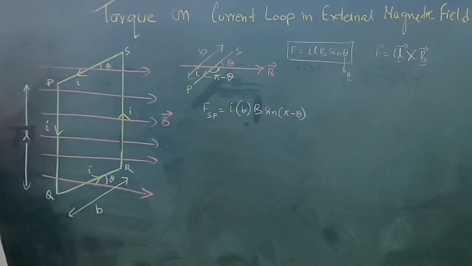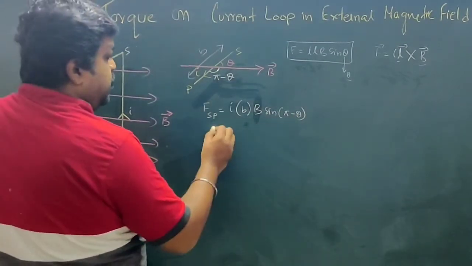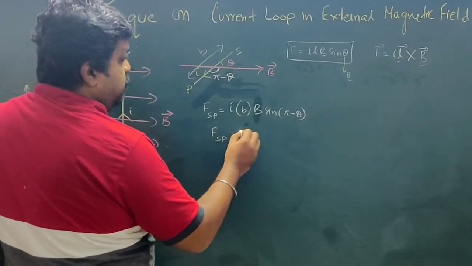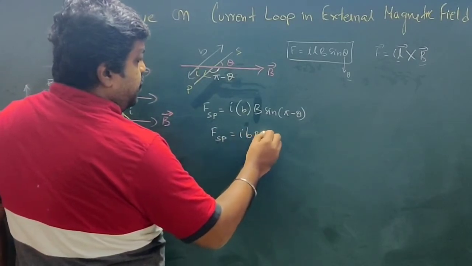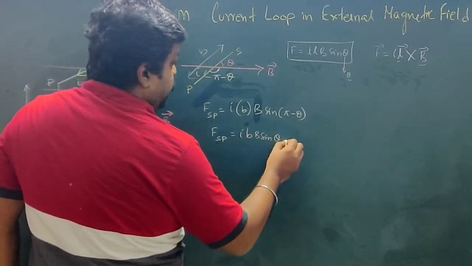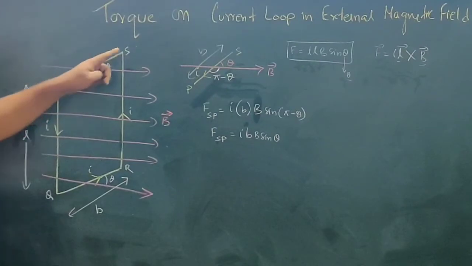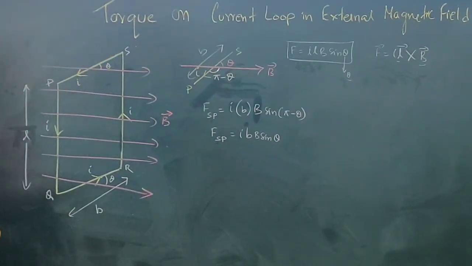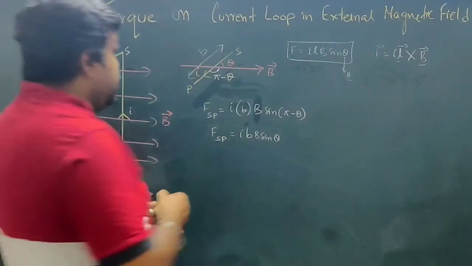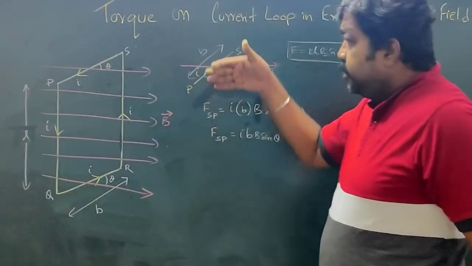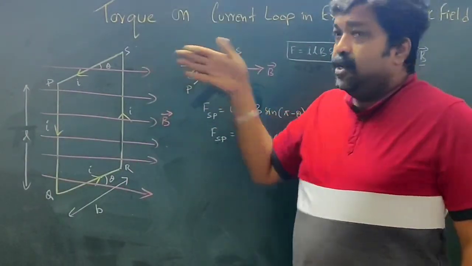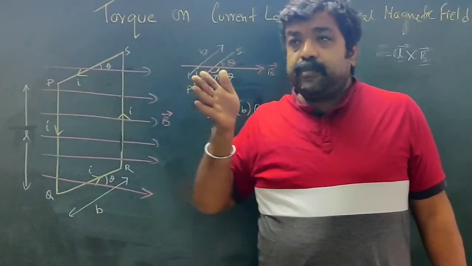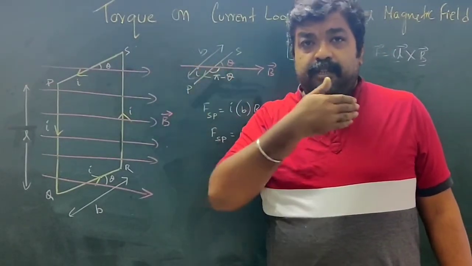Sin of pi minus theta is sin theta, so FSP is equal to IBB sin theta. This is the magnitude of the force on this part. Now what about the direction? Current is flowing in this direction, and the magnetic field is in this direction.